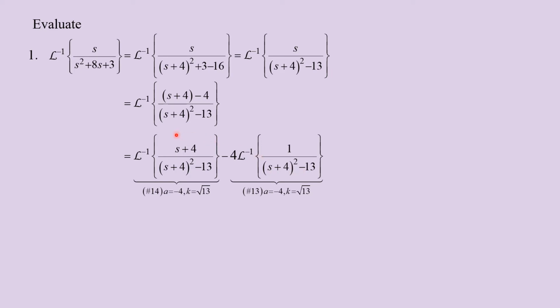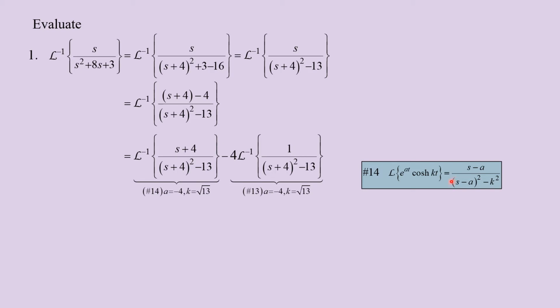To get the inverse Laplace transform of each of these functions, we need to refer to the table of Laplace transforms and find out which formula from the table exactly or closely matches the functions shown in this line here. Okay, so for the first part, it seems that this function matches the form given at formula number 14. (s + 4) divided by ((s + 4)² − 13) matches this form, (s − a) over ((s − a)² − k²).